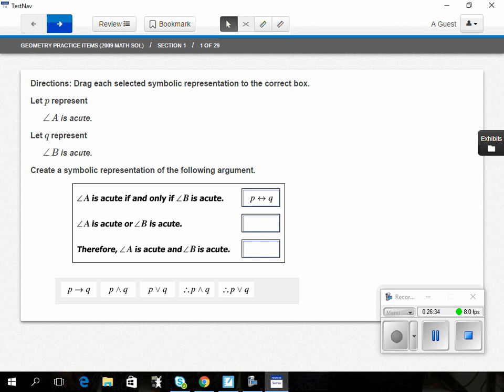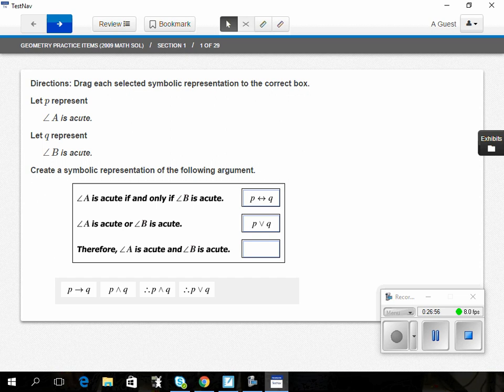What's the second one? What's the key word? Or. So what is the or symbol? It's a V. So or is, sorry, that one. Would you agree? And then what's the key word in the last one? There's two key words.